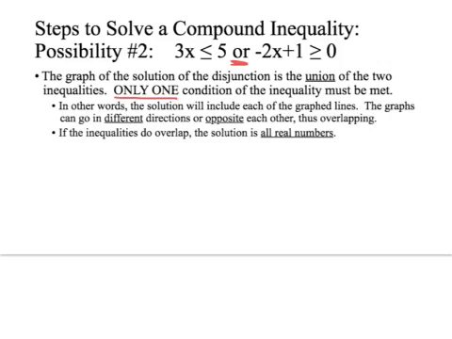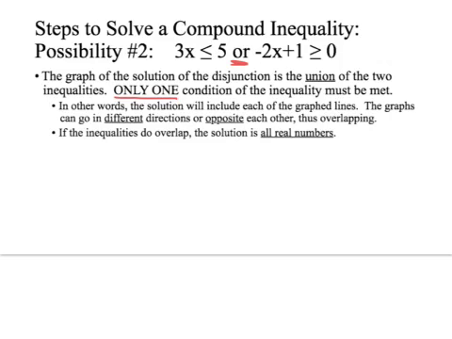So in other words, the solution will include each of the graphed lines. The lines can go in different directions or opposite each other, or they can be overlapping. If the inequalities do overlap, the solution would be all real numbers.